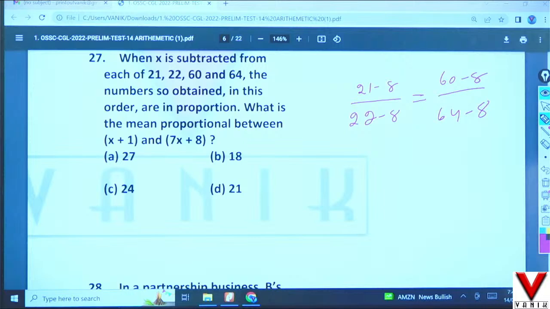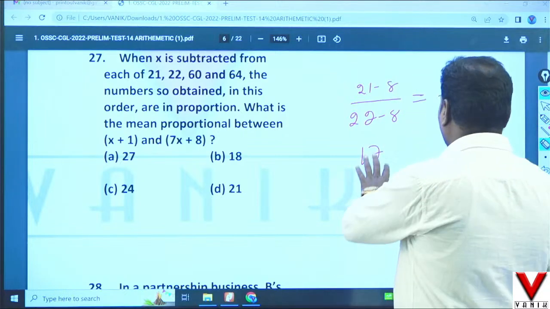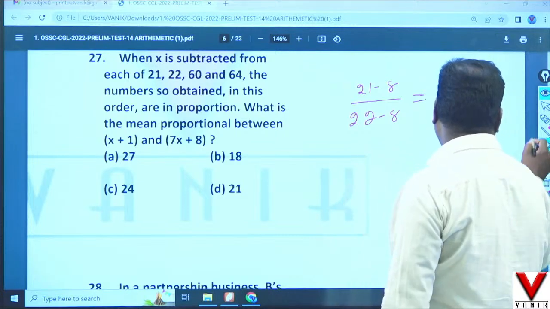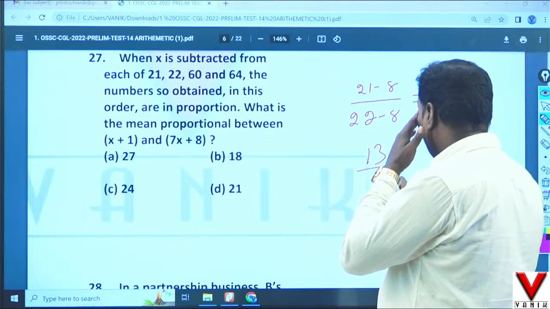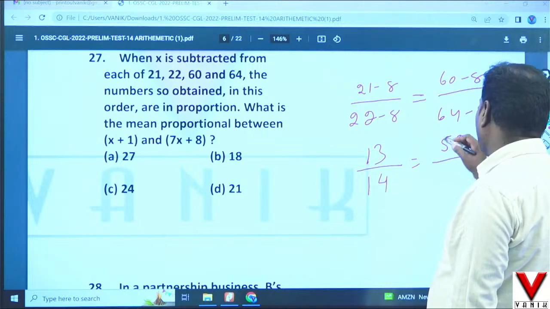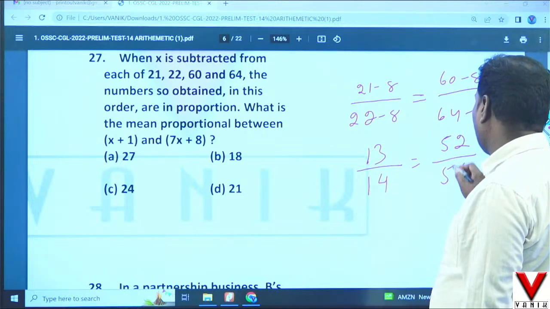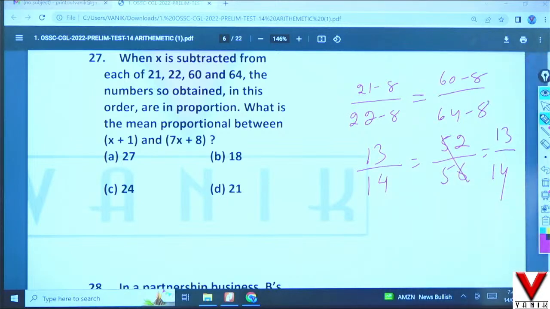Then 21 minus 8 is 13, 22 minus 8 is 14, 60 minus 8 is 52, and 64 minus 8 is 56. Then it is also 13 by 14. Clear?